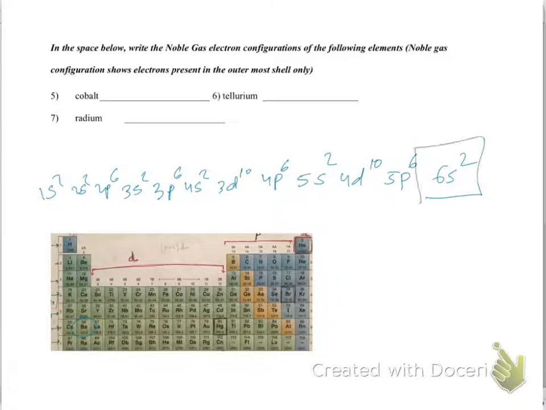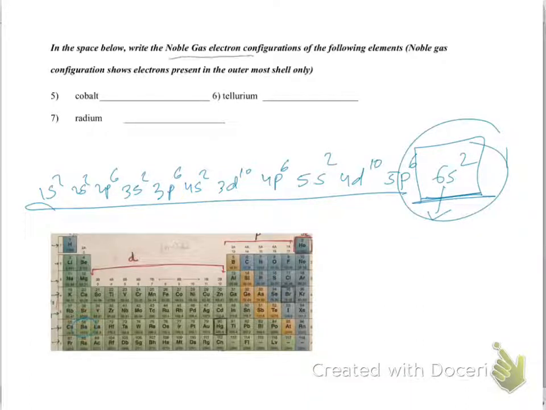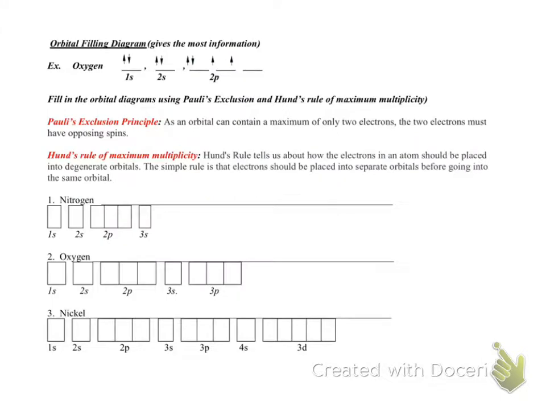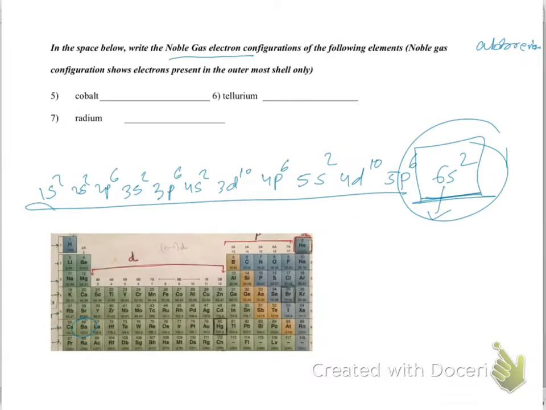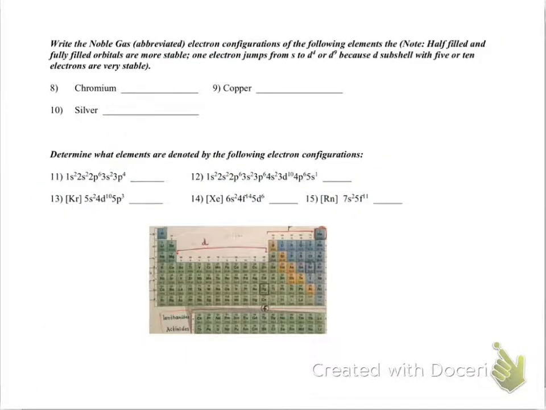This is the outermost. If all the chemical properties can be explained just by looking at this, then why do I need all this? They are all full and they are not participating in bond formation or any type of reaction or explaining any chemical property. And that is true. Here you're going to learn to write down the noble gas electronic configuration, which is also known as the abbreviated electronic configuration, where we will be showing only mainly the electrons present in the outermost shell.